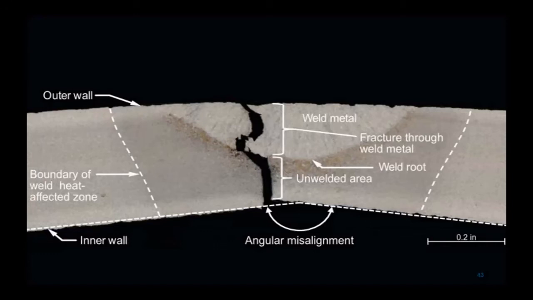This is the cross-section of the 30-inch diameter grade X42 steel pipe with a wall thickness of 375 thousandths of an inch. You can see the section in the inside surface of the pipe here in this area.